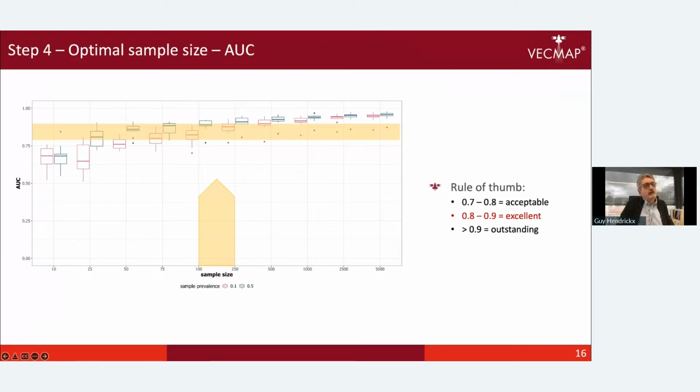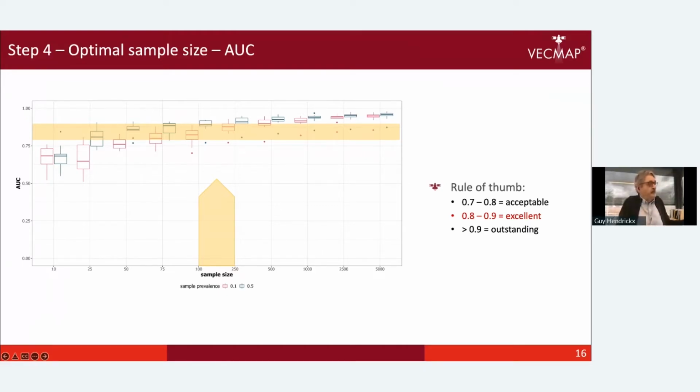Here, the rule of thumb for area under the curve is that you should go above 0.8. From 0.8 to 0.9, it is considered to be an excellent output. And here again, you start having very good results between 100 and 250 sample size, with the given test setting, of course. What is really interesting too is that for the area under the curve, the box plots are very narrow, which means that you don't have a lot of variability.